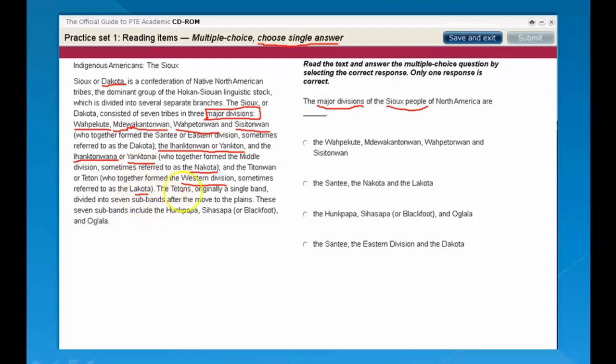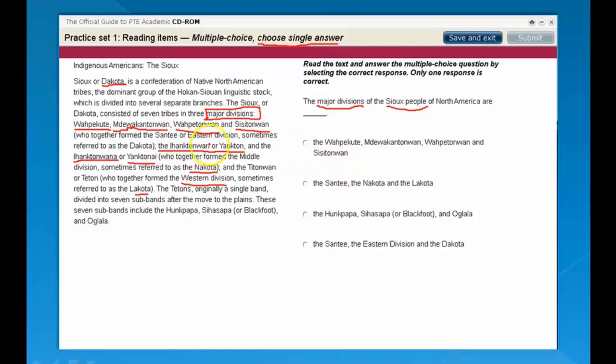The Tetons, originally a single band, divided into sub-bands after the move to the plains. These 7 sub-bands include the Hunkpapa, the Sisapa, or the Blackfoot, and Oglala. Now going back to the major divisions of the Sioux people, what we have are the Wapekute, the Mdewakantonwan, the Wahpetonwan, and the Sistantonwan.